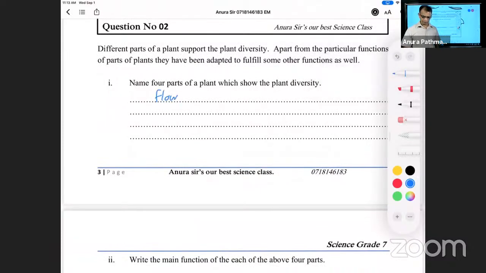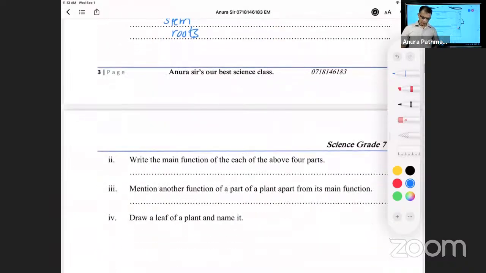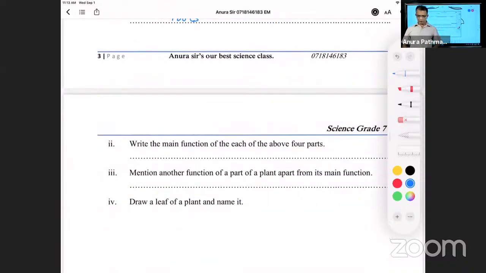Flowers, leaves, fruits, that's good. And write the main function of each of the above 4 parts.